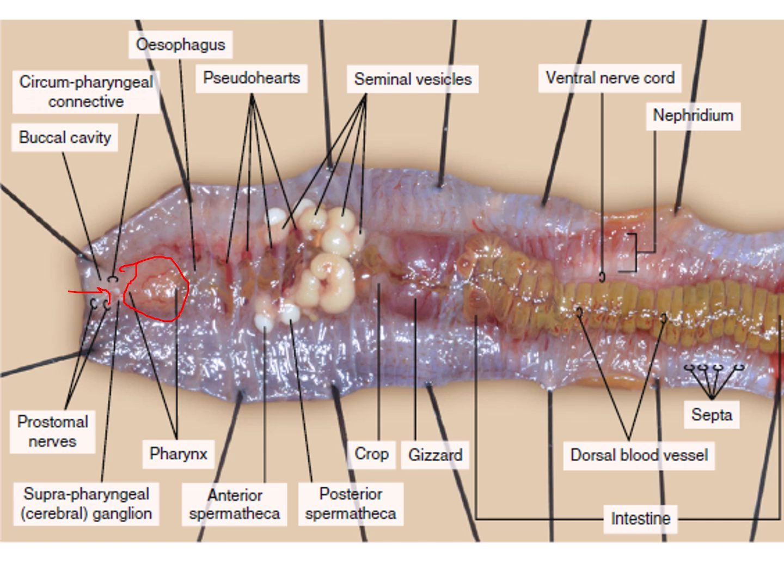The esophagus is cylindrical and leads from the pharynx to a thin walled broad swelling that is called the crop, that is for the temporary storage of the food material.